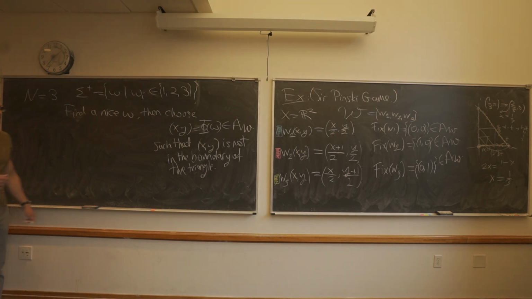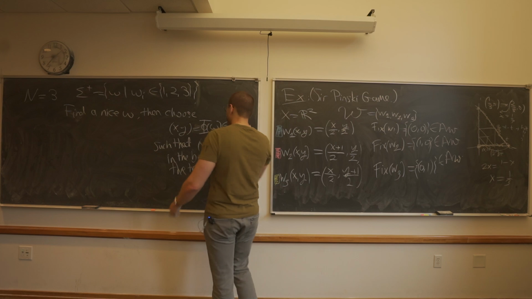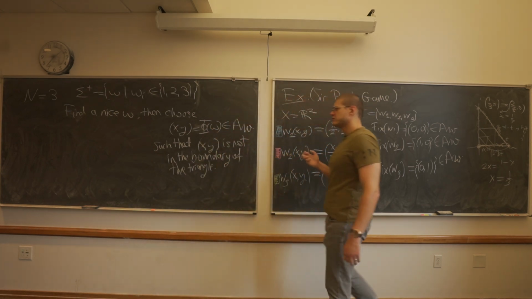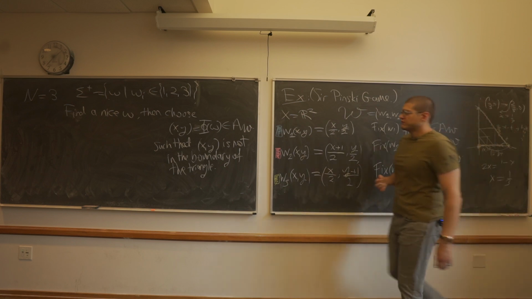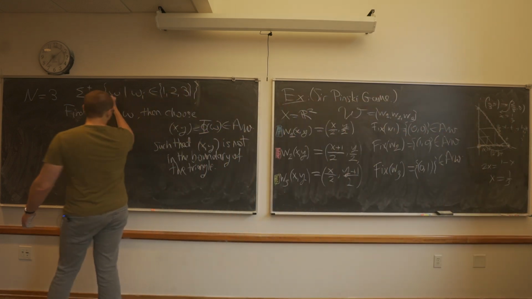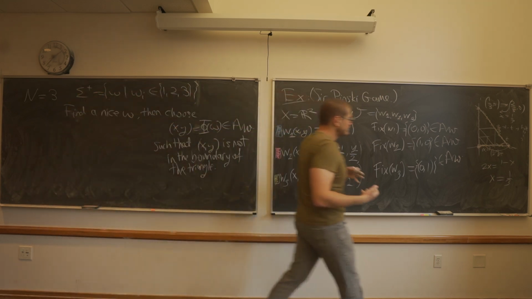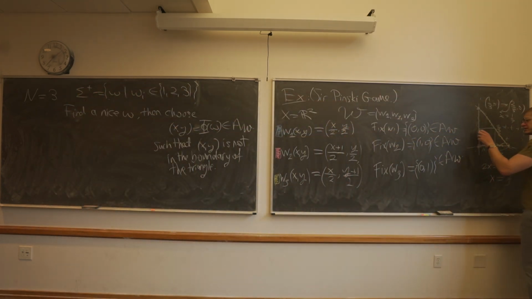Now, what does that mean? How could an omega, any sequence, land on the boundary? So in order to get this particular point, for instance, my sequence would be 1, 1, 1, 1, 1, 1. Because the moment I say the first entry of omega is 1, by definition, I know that it has to land somewhere here.